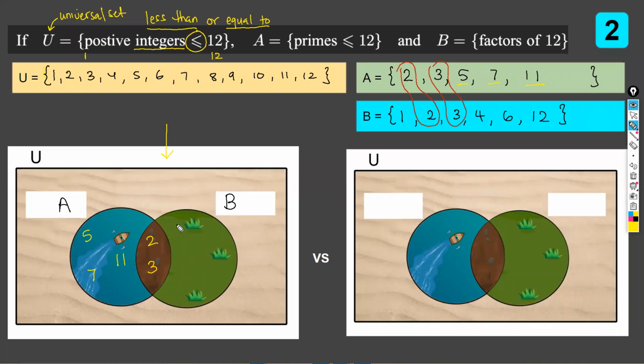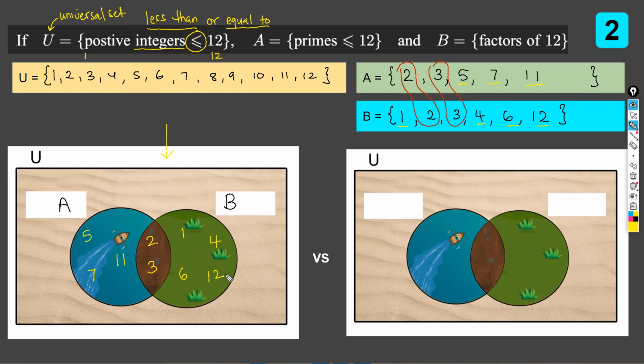And what will go in the grass region? Remember, look at B. 2 and 3 went into the mud. So how much is left to go on the grass? 1, 4, 6, and 12. You just space them out nicely.